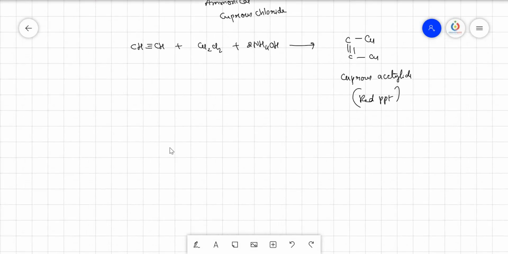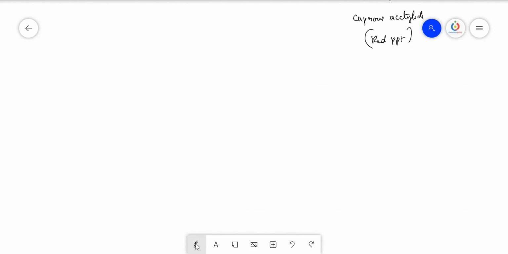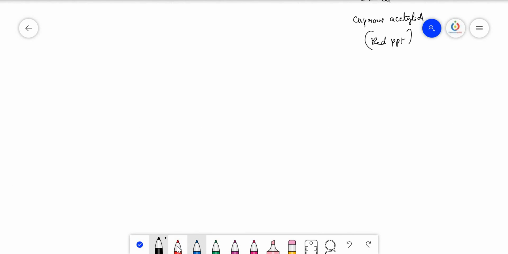Now, apart from this, one more test is there, that is the reaction with Tollens reagent. The reaction name is formation of silver acetylide.